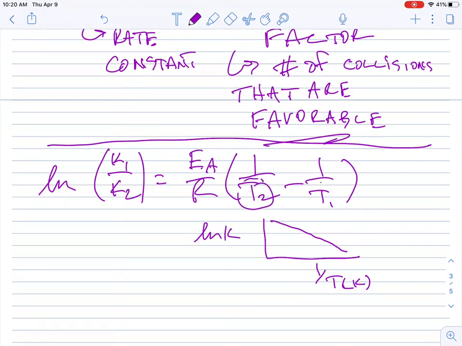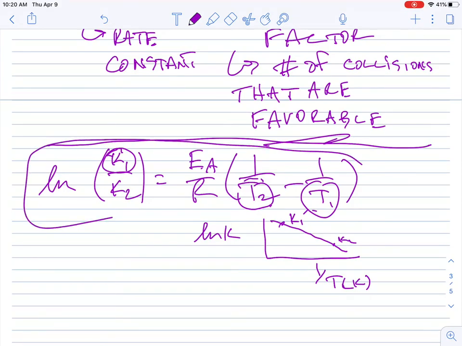So what we're saying here is that here's these temperatures, okay? If you know a couple of these temperatures and you want to find out what that new K value is, all these are a series of K1, K2, and temperatures. So all this equation allows you to do is, if you know 3 of the 4, you can figure out what the other one is going to be.